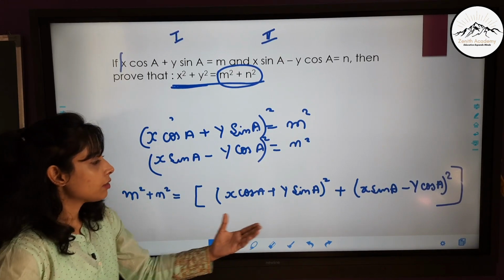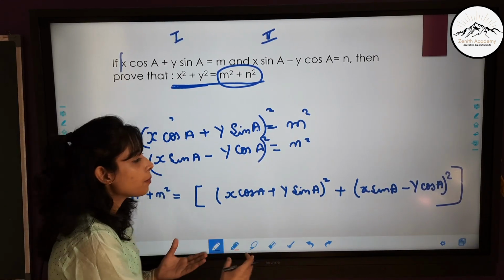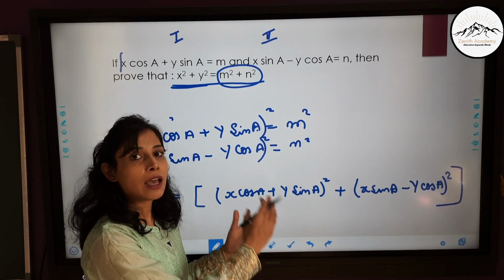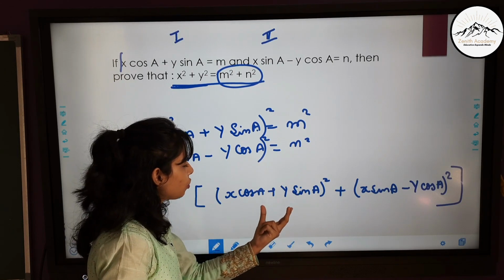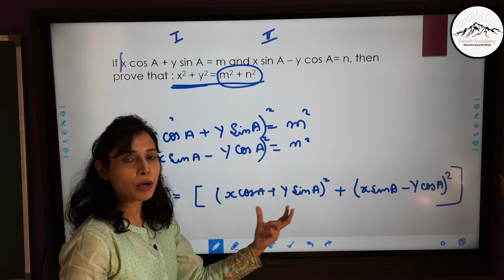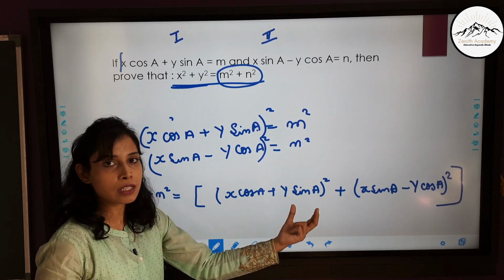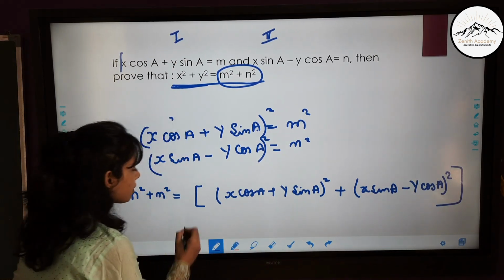Now these calculations are long, but they are not very complicated. They are actually easy. We just need to be careful about the signs and the algebraic properties we need to use, and then it will be easy.